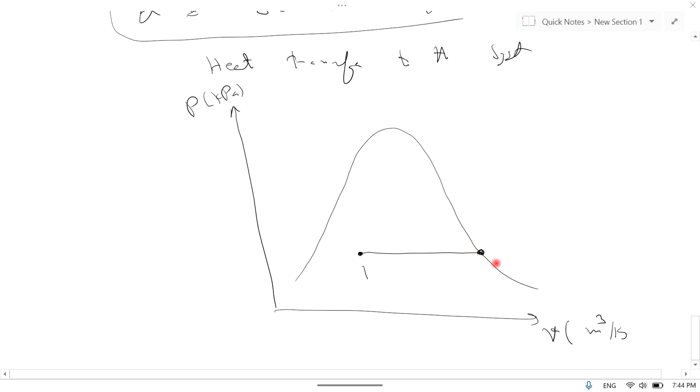This is point 1, this is point 2. Pressure is constant. At this point x1 is equal to 0.25 and here x2 is equal to 1, dry saturated vapor. P1 is equal to P2 is equal to 200 kilopascal.